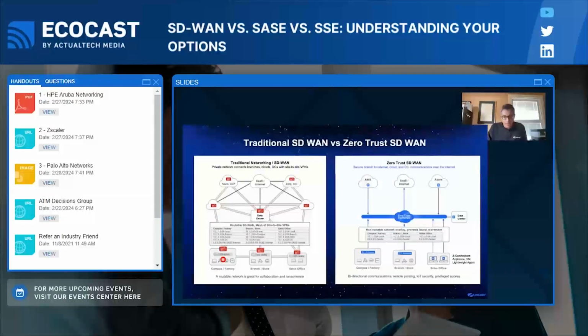So what does that mean? That basically means applying the same principle we spoke about earlier, connecting through the zero trust exchange, but applying that to really any sort of location, a campus, a factory, a branch office, a store, for example, a sales office, using a flexible connector, right? And this could be a lightweight agent, could be a physical appliance, it could be a virtual machine, but ultimately using that zero trust exchange in between that office location, connecting out to the resource, but having that zero trust exchange sitting in between.